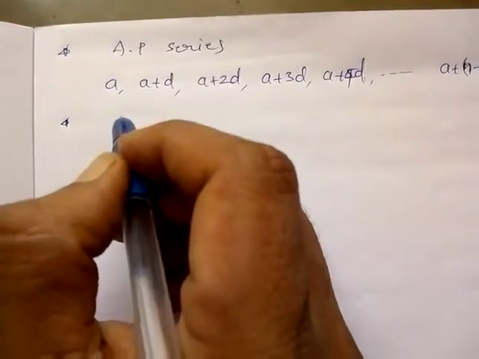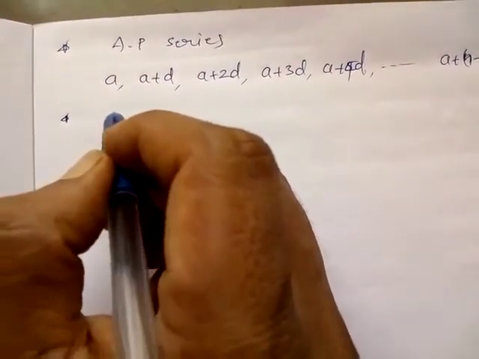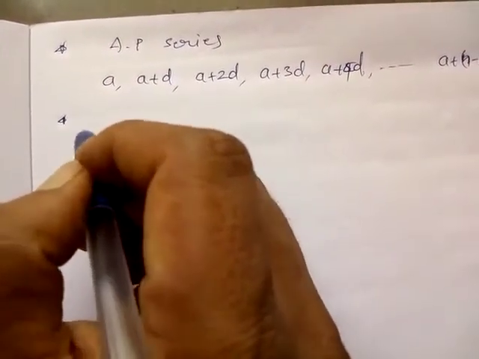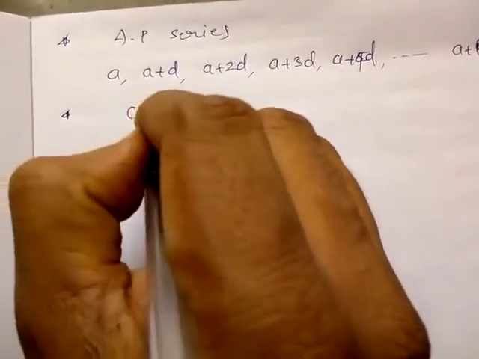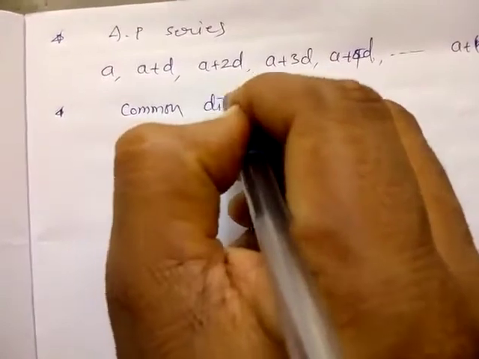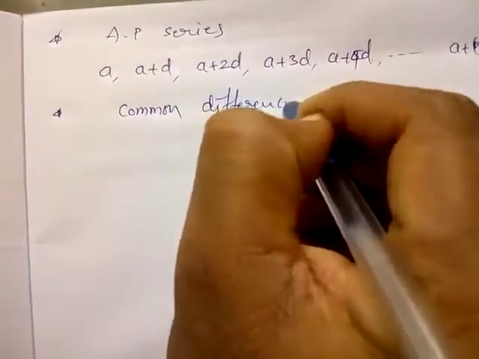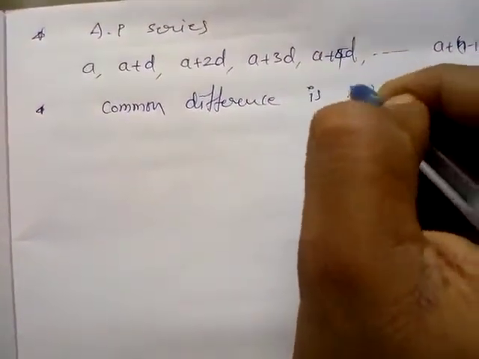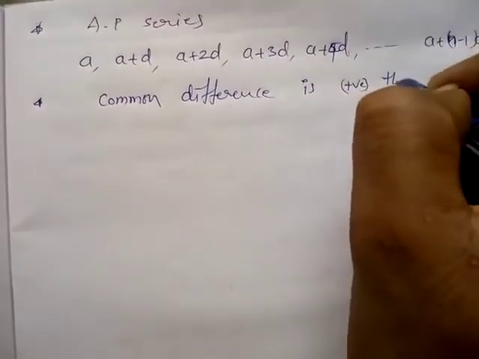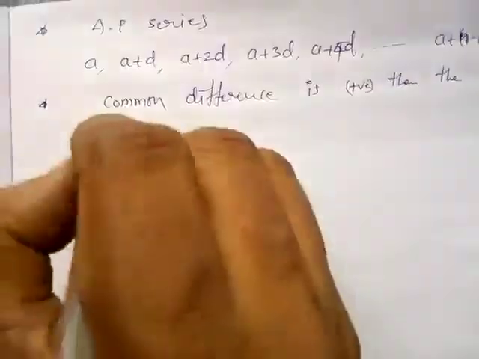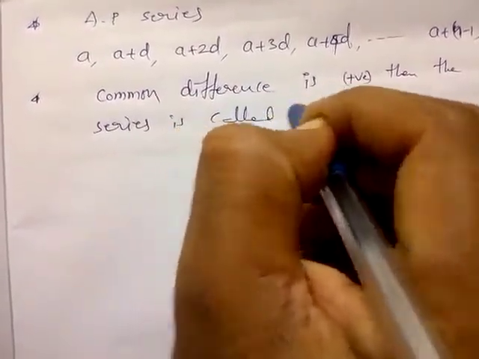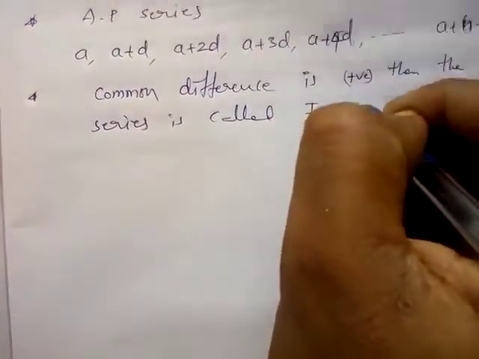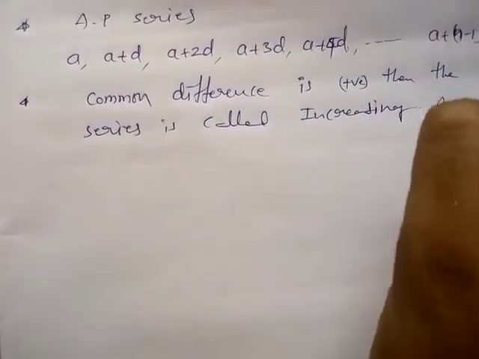If the common difference is positive, then the series is called an increasing AP.